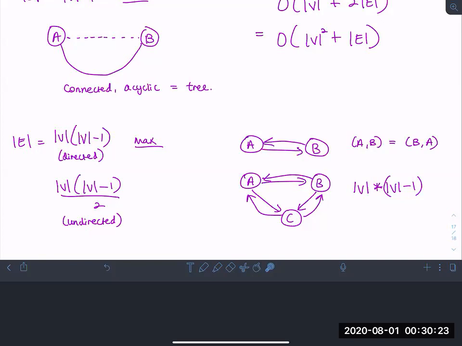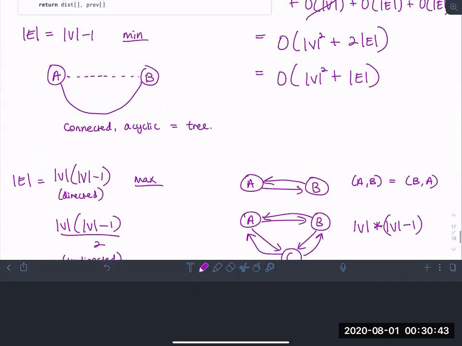Okay, so that means that I halve my count. So that's equal to the previous quantity divided by 2, right? So either way, E is going to be on the order of V squared, for the maximum number of edges.